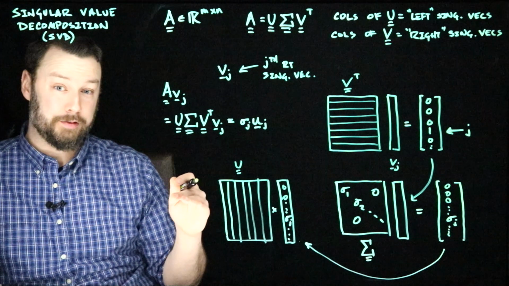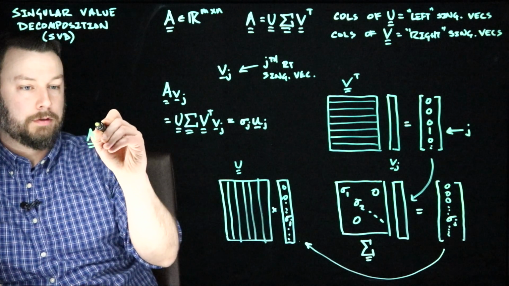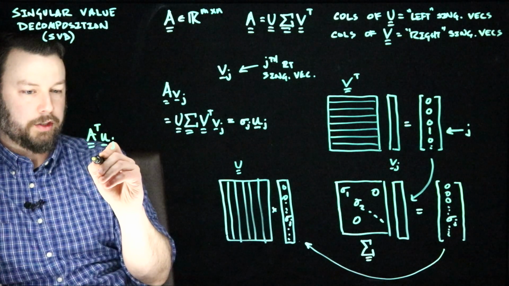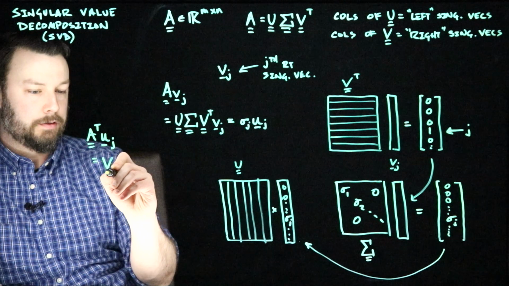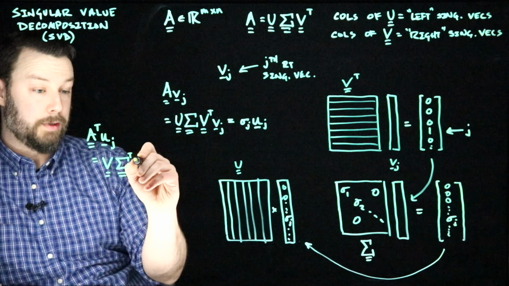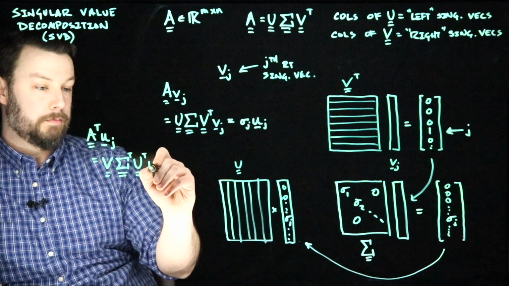It's also worth convincing yourself that the equivalent thing is going to happen with A transpose and a left singular vector. That is, if we said A transpose uj, then we're going to get V sigma transpose U transpose multiplied by uj.